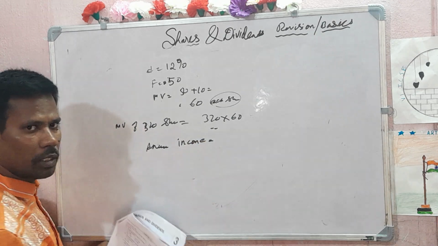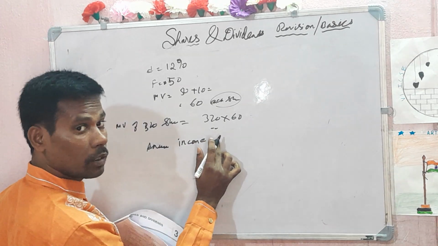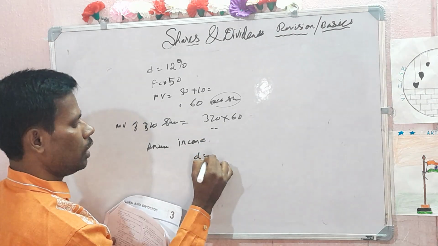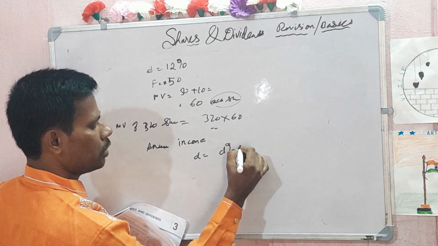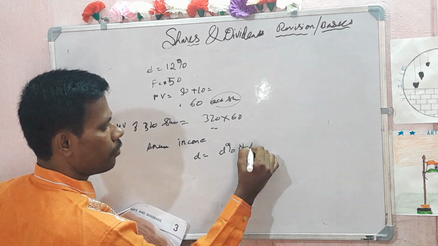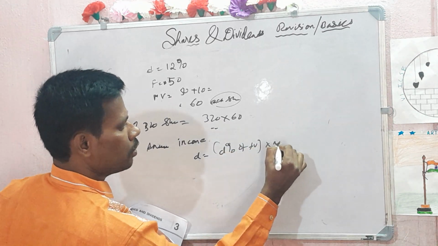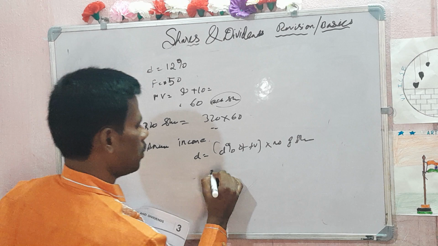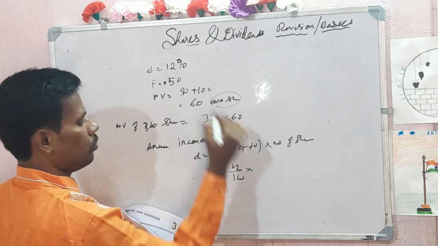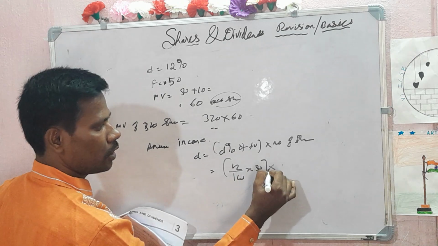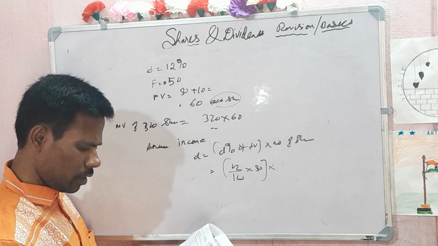Annual income is nothing but the dividend. Apply the same basic formula: dividend is equal to dividend percentage of face value into number of shares. Dividend percent, what is given? 12 by 100 into face value 50 into number of shares. The number of shares is already given, 320.